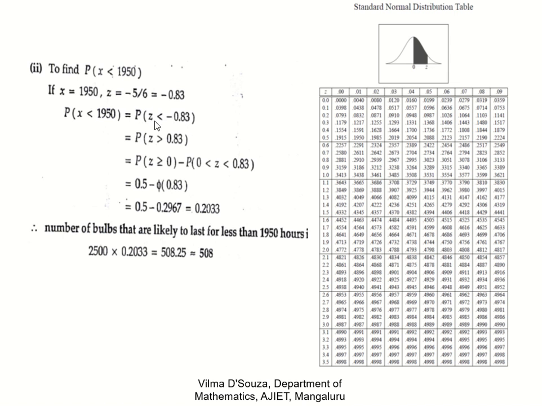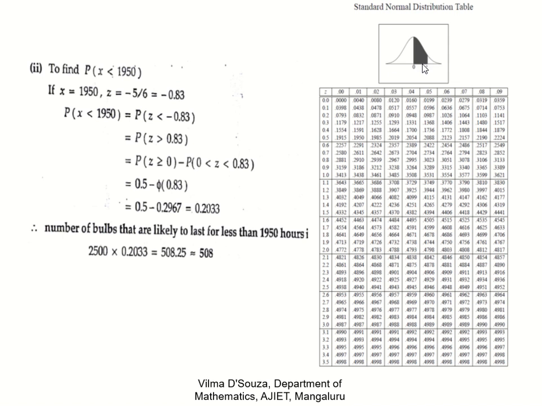So probability of z less than minus 0.83 is nothing but the area under the curve from minus infinity to minus 0.83. But since the curve is symmetric, you can write it as the same as the area under the curve from 0.83 to infinity.